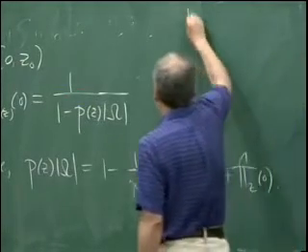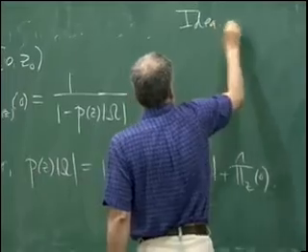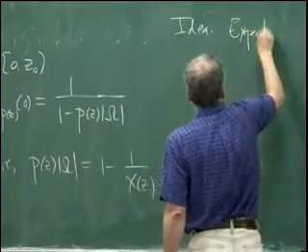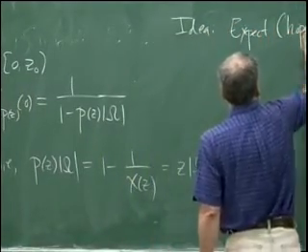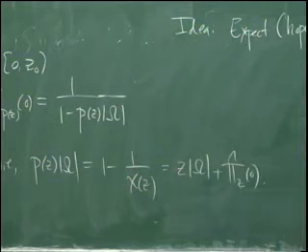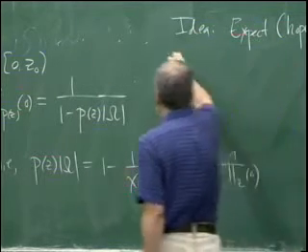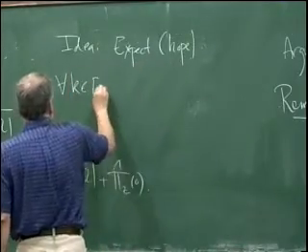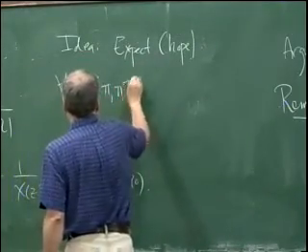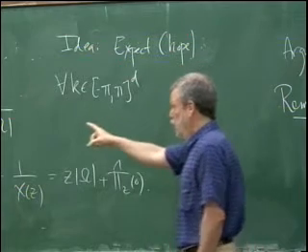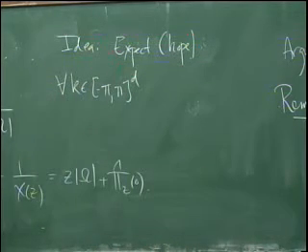And then the idea is that you expect, or let's say that you hope, because it's possible that it wouldn't work, but you hope that for any k, not just for k equals 0, where we've chosen p so that the two susceptibilities agree, the Fourier transforms of the 2-point functions are the same for all values of k.